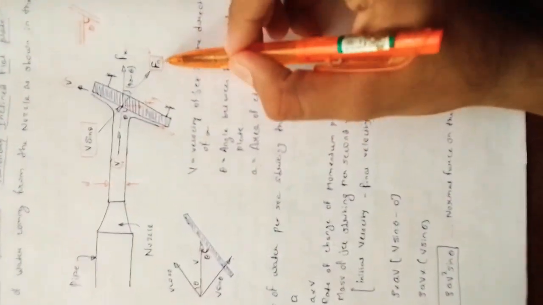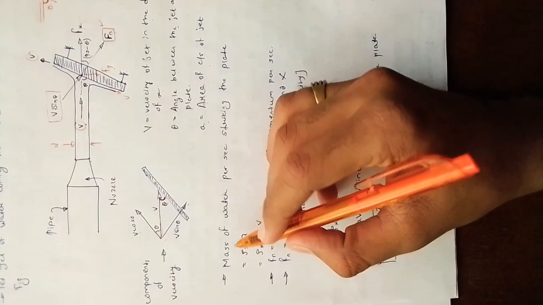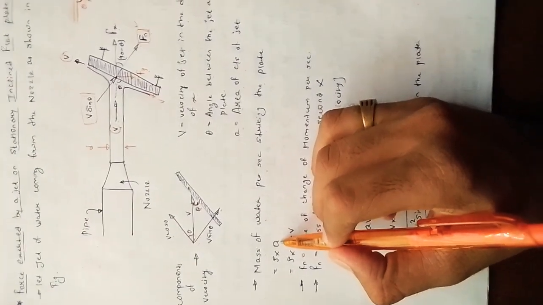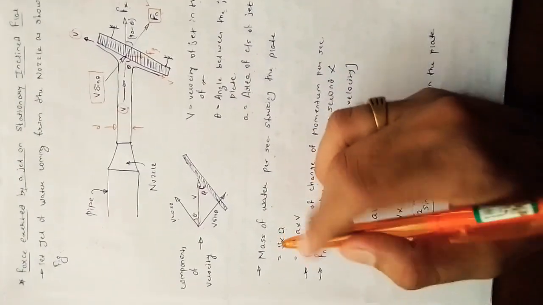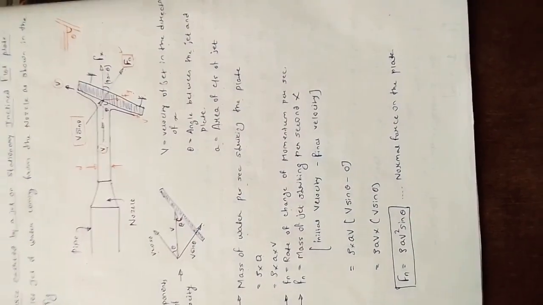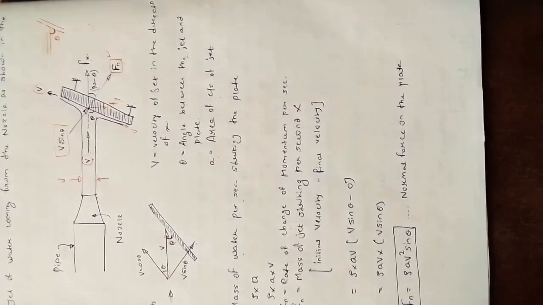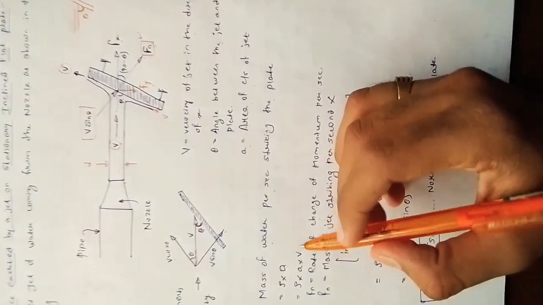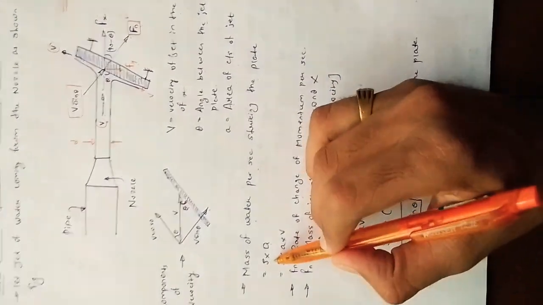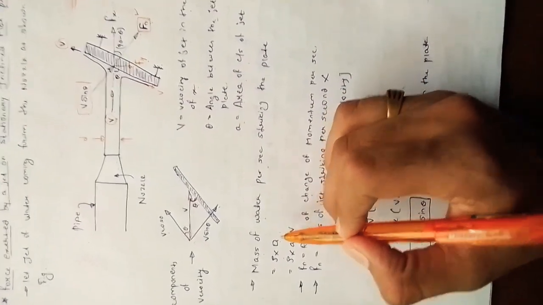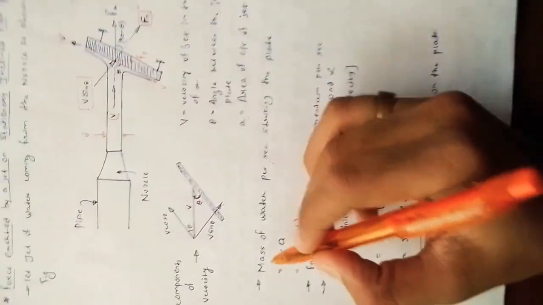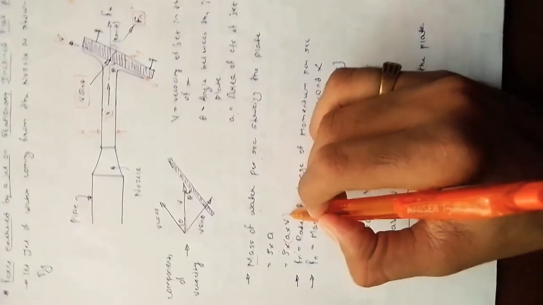To find the equation of Fn, first we should know that the mass of water per second striking the plate is rho into Q. As in the previous derivation of the momentum principle, the mass of water passing through any section per second is rho into Q, and the discharge is A into V. So we can replace it anywhere: mass of water will be rho into A into V.